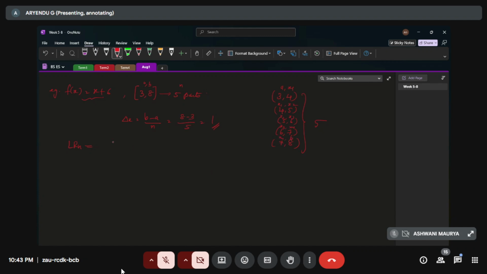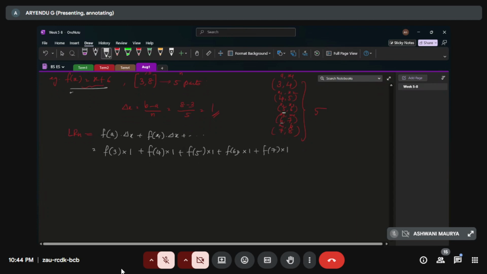So similarly here, as per our formula, we are taking f of a into delta x plus f of x1 into delta x, and so on. So if we take it here practically, we have f of 3 into delta x, which is 1, plus f of 4 into 1 plus f of 5 into 1 plus f of 6 into 1 plus f of 7 into 1.